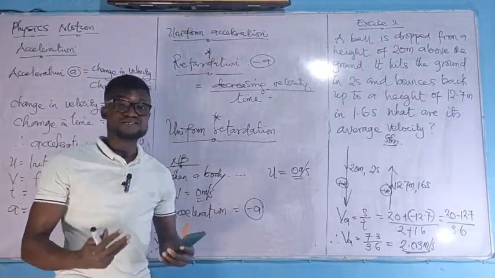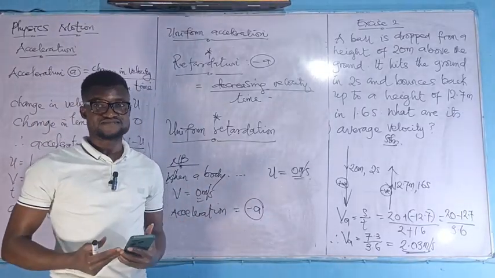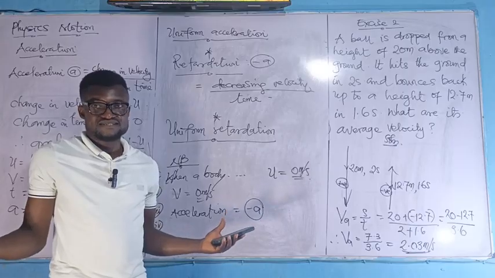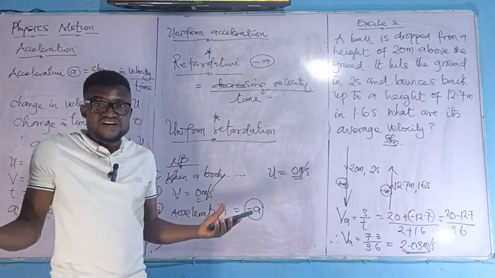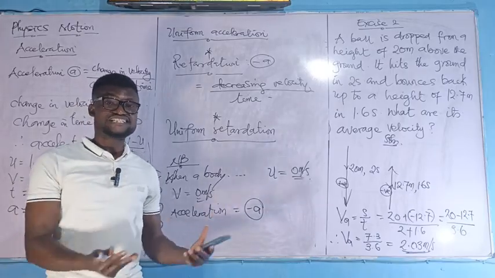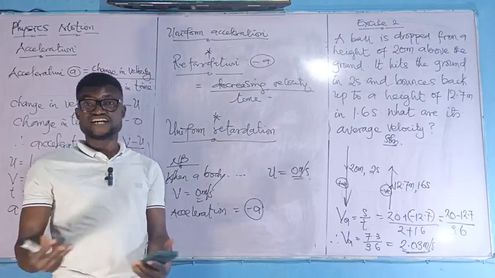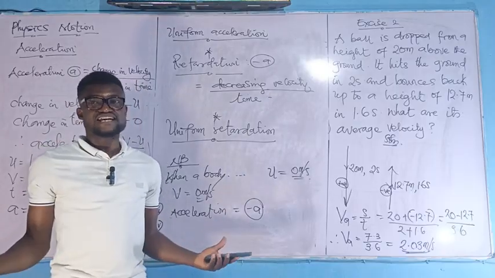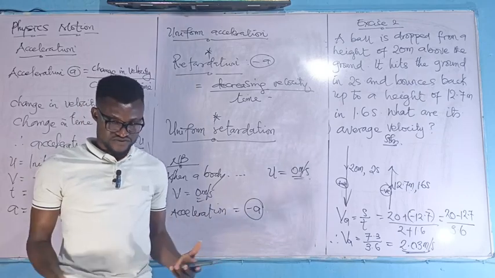So whenever a body moves with uniform velocity, that means that the velocity is constant. So once there is no change in velocity, acceleration will be 0, because we know that acceleration is the change in velocity with respect to time.